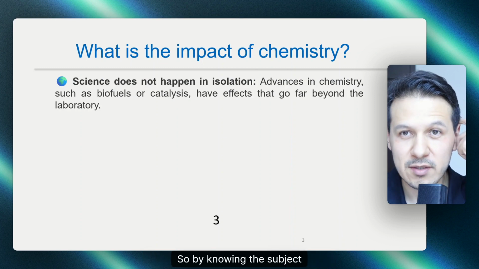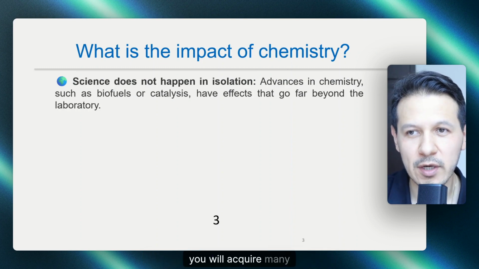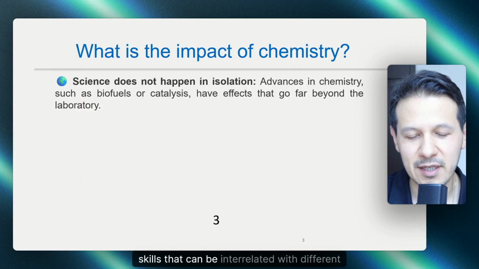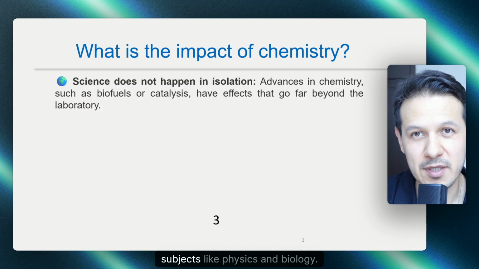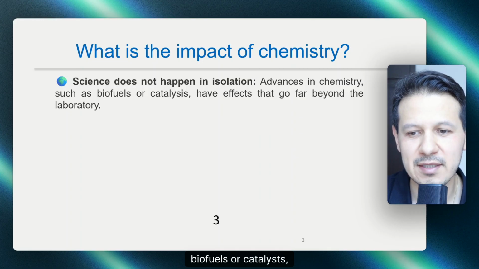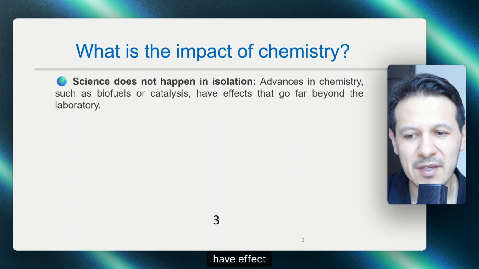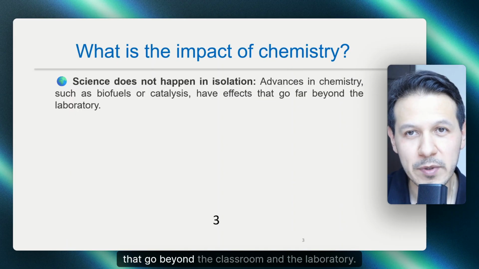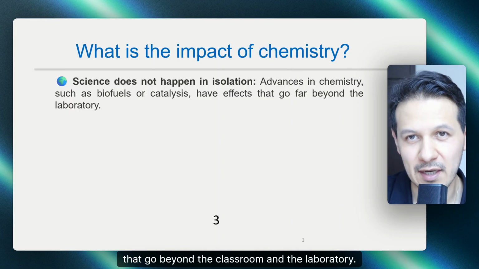By knowing the subject, you will acquire many skills that can be interrelated with different subjects like physics and biology. Okay, advances in chemistry, like biofuels or catalysts, have effects that go beyond the classroom and the laboratory.